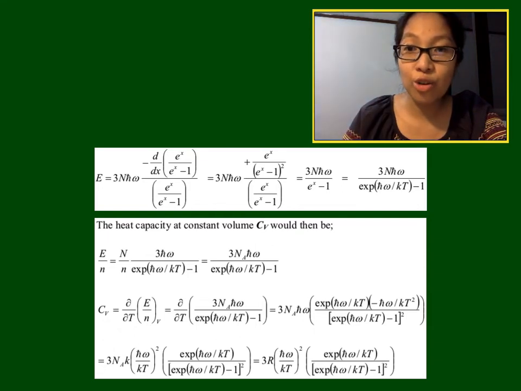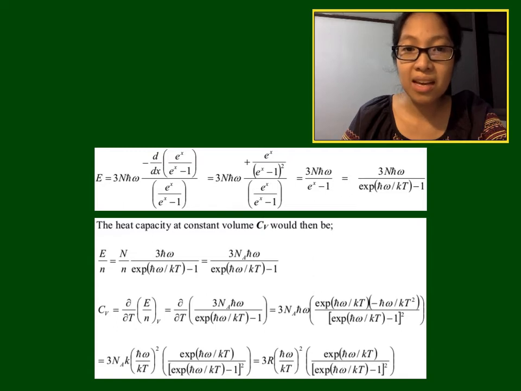Substituting the value of x, we have 3 times N times h bar times omega, all over exponent of h bar omega over kT minus 1. Then we're interested in the total energy per mole, so we perform that. We have 3 h bar omega over exponent of h bar omega over kT minus 1, times N_A, or Avogadro's constant.